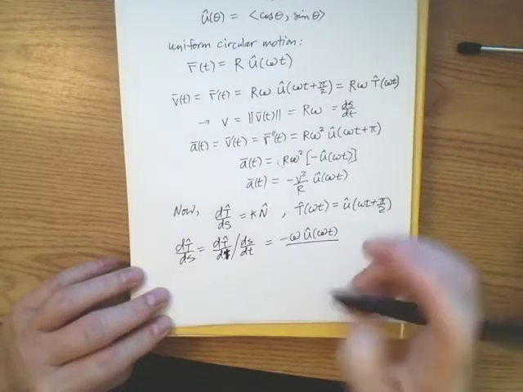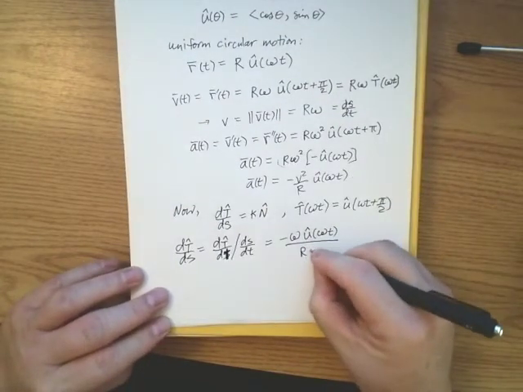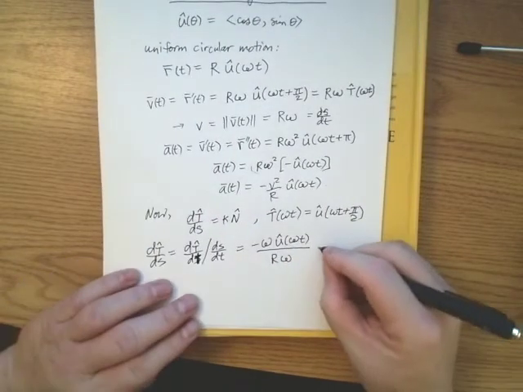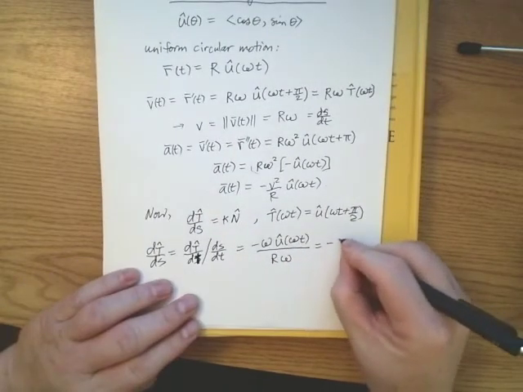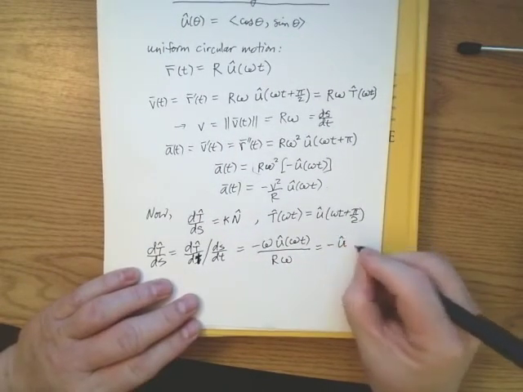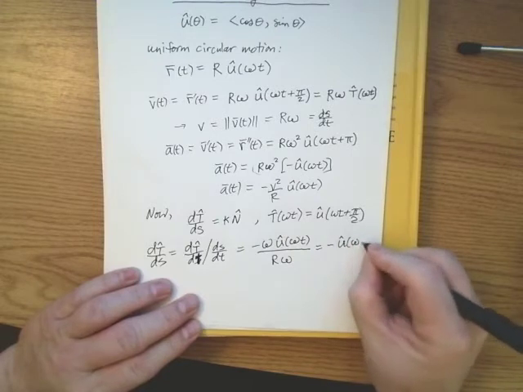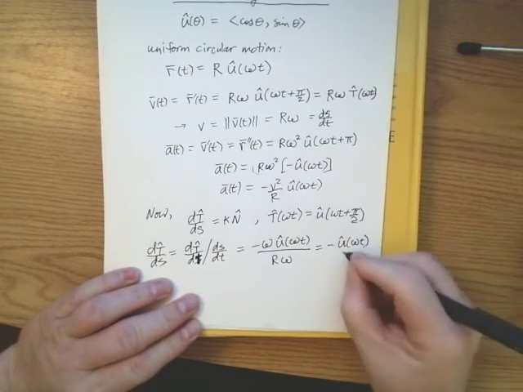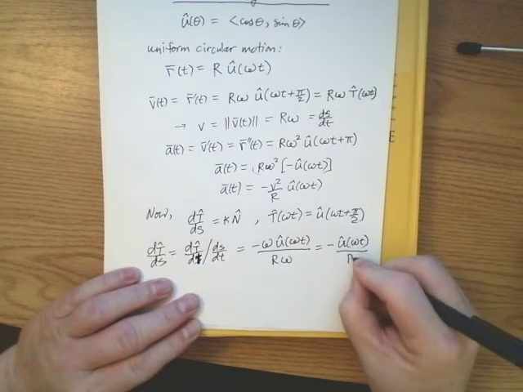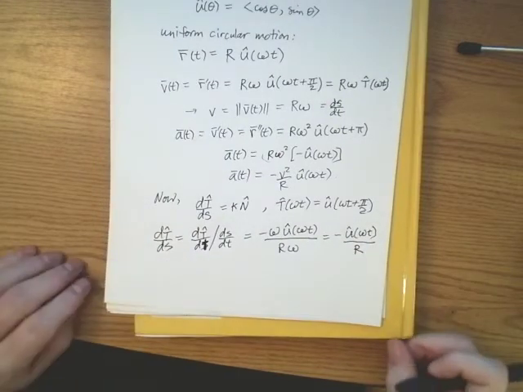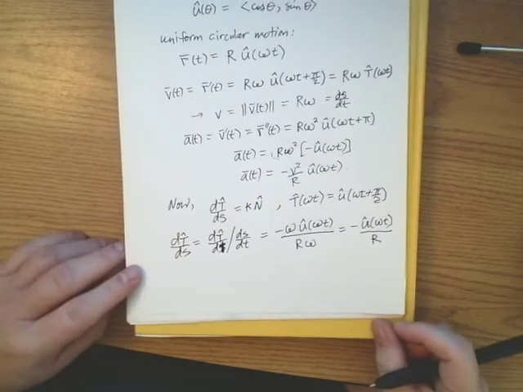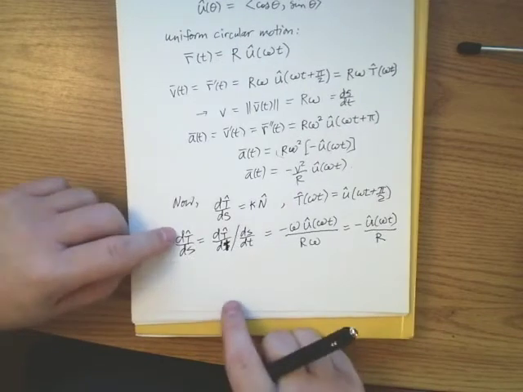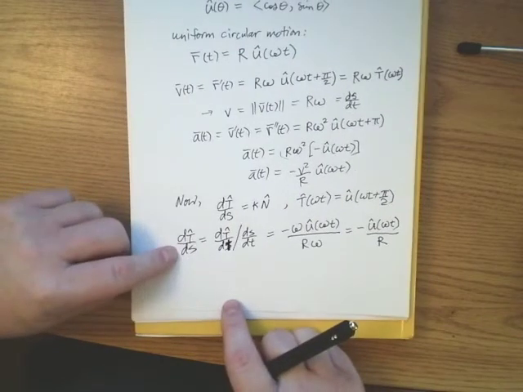Ds over dt is r omega. So what we get is negative u hat of omega t over r. That's now dt hat over ds.